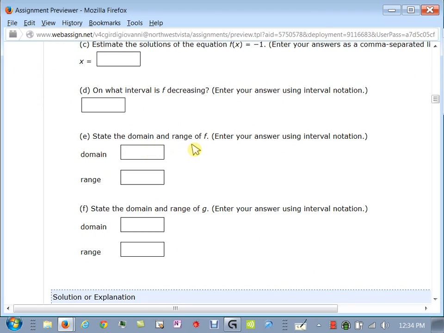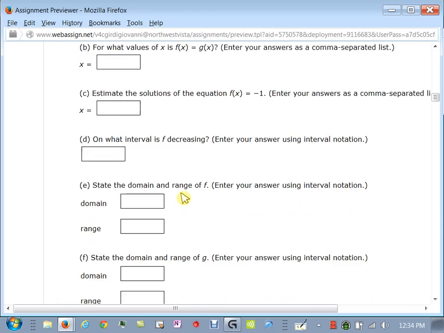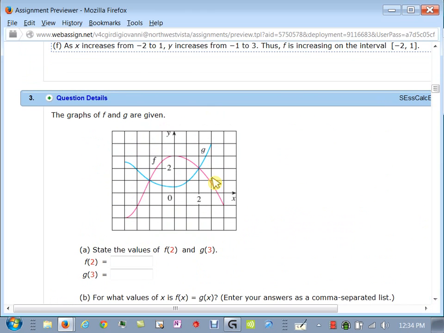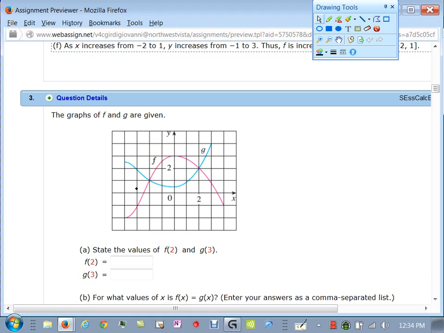State the domain and range of f, state the domain and range of g. So I'll do these both together. Okay, f, let's talk about the domain. Here's our origin. Let's see, f looks like it starts here and ends here. So 1, 2, 3, 4, from -4 to 1, 2, 3, 4, +4.